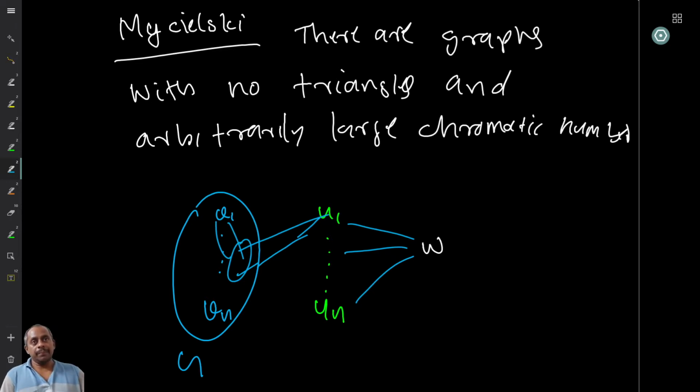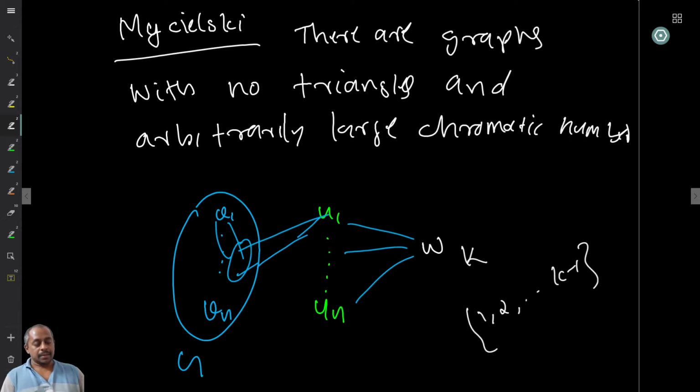So now, to show that there is no K coloring, I will assume without loss of generality that W is colored with color K. Now, because W is adjacent to all the Ui's, they cannot be colored with color K. So therefore, U1 to UN must be colored with colors 1 to K minus 1.